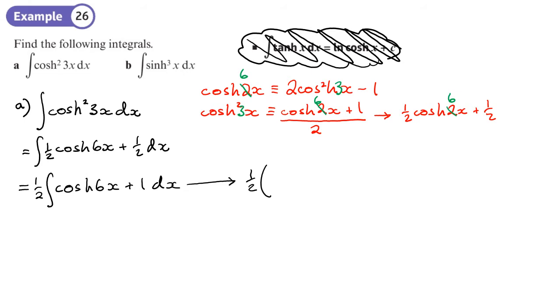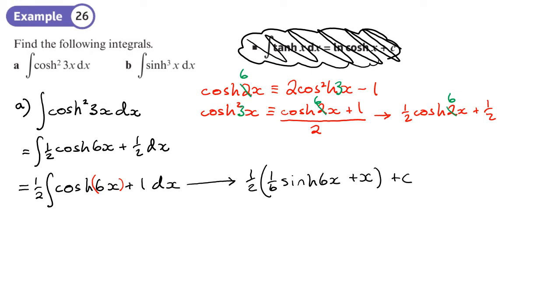So we integrate cosh to become sinh 6x, then we divide by the inside differentiated, so we divide by 6, so we're going to have 1/6 here, and then the 1 will just become x, plus c.